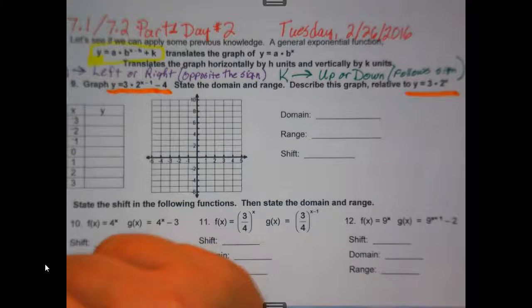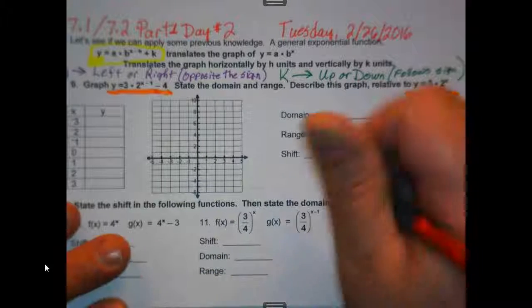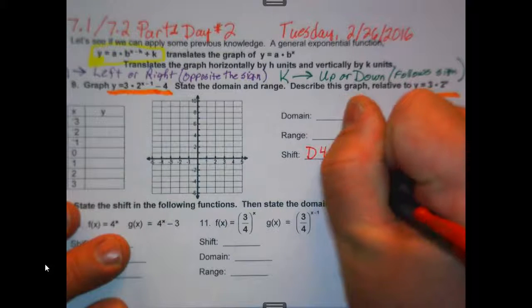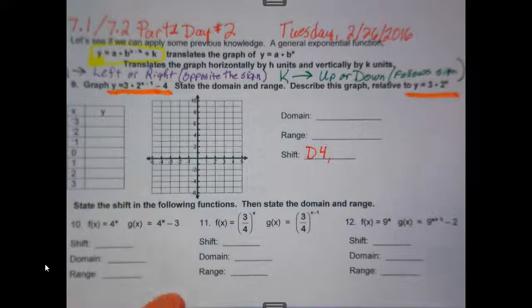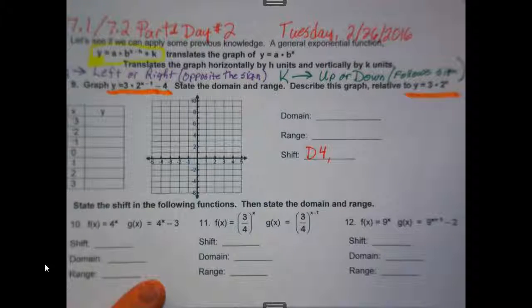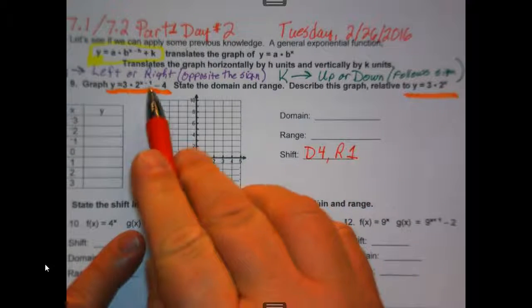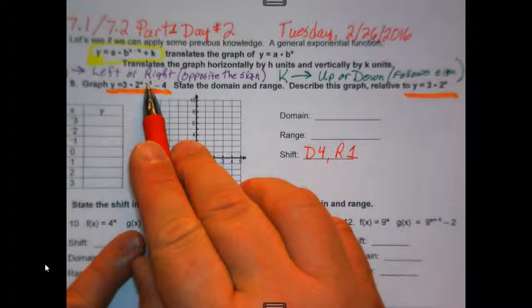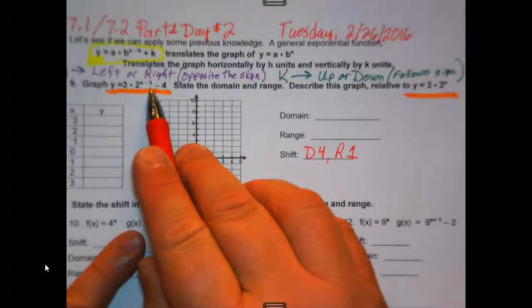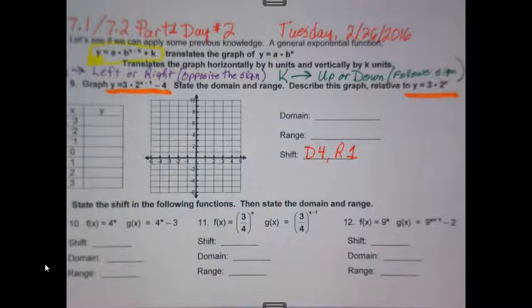We're down how many? 4. Down 4. And what about my h? Right 1. My h here is opposite sign. Minus 1 is actually positive one, which makes it a right one. But just go opposite signs. It's what we've been doing, and that's what we're going to do.